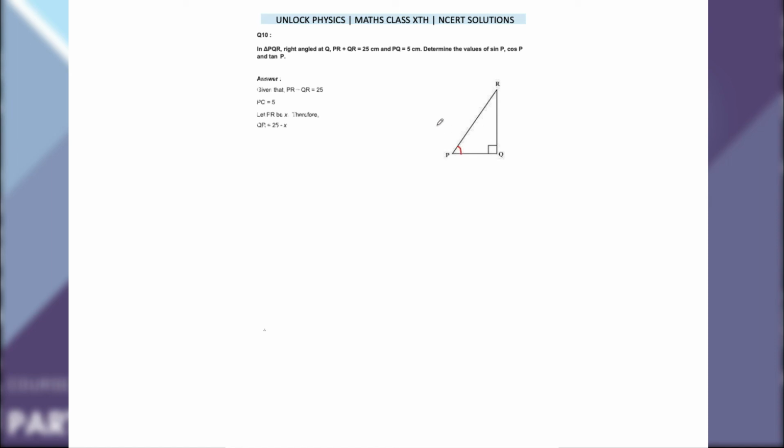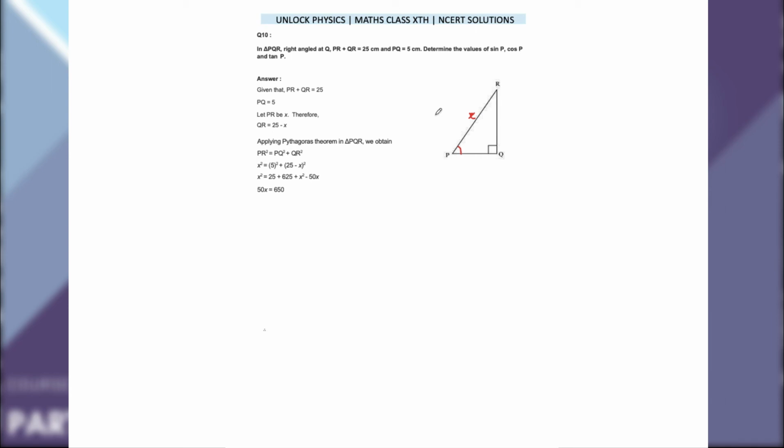Now it is given that PR plus QR is equal to 25 and PQ is 5. So let PR be X. Now QR will be 25 minus X. Applying Pythagoras theorem, we obtain that PR square is equal to PQ square plus QR square, which is X square is equal to 5 square plus 25 minus X square.